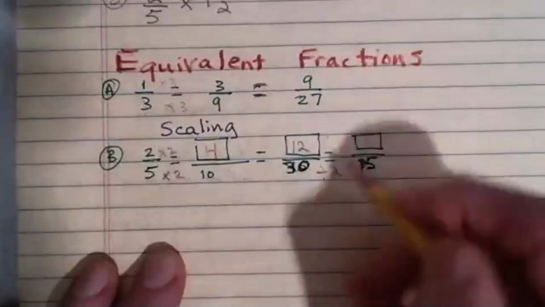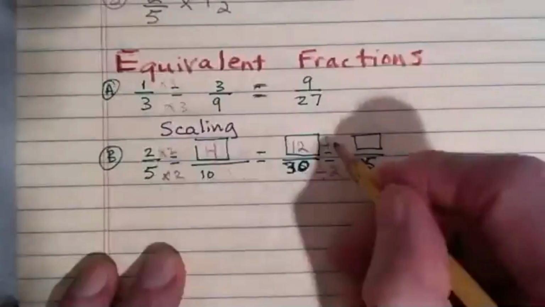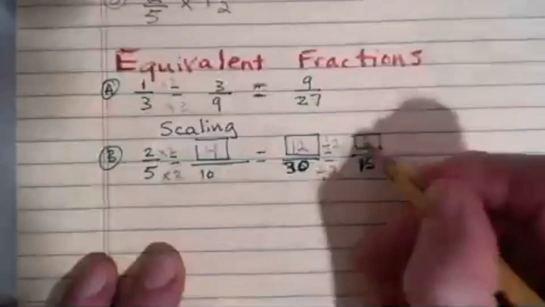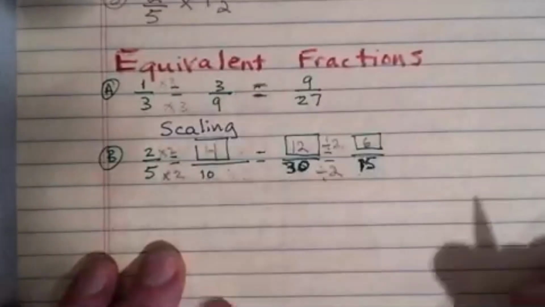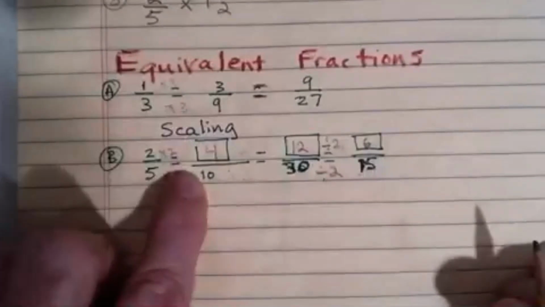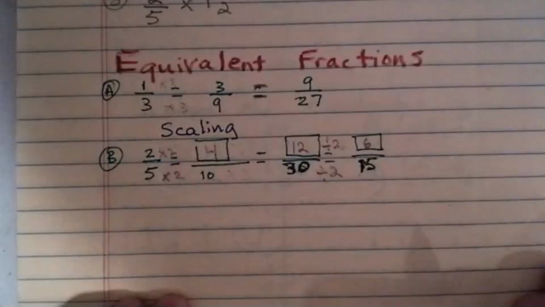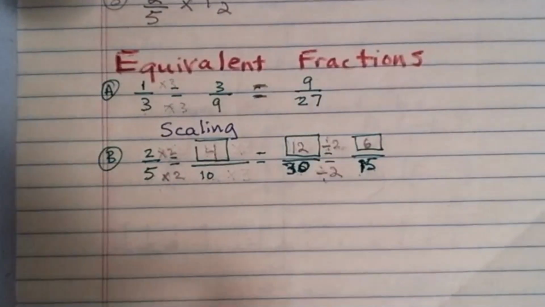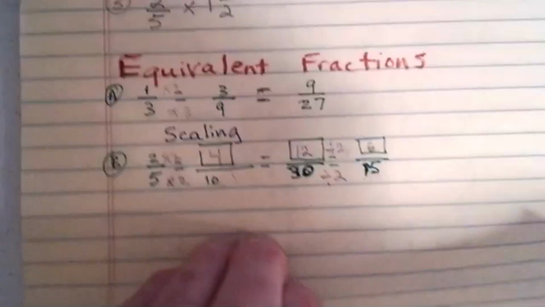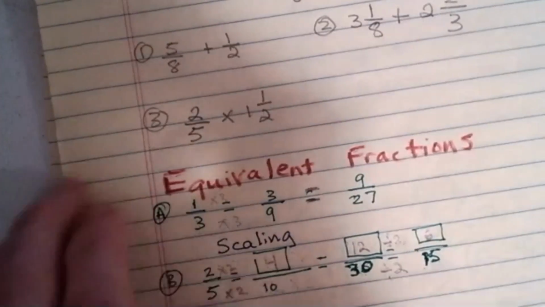So I got to do the same thing to the top number. I divide it by 2 and I get 6. So 2/5 equals 4/10, which equals 12/30, which is the same as 6/15. That's called scaling. And anyway, that's just a little bit about how to do some scaling on a calculator.